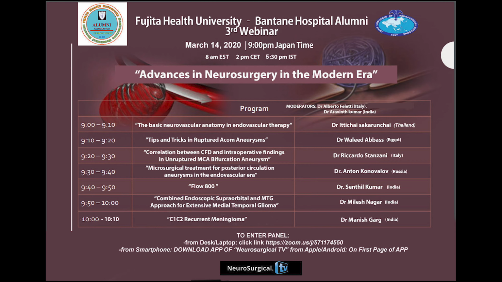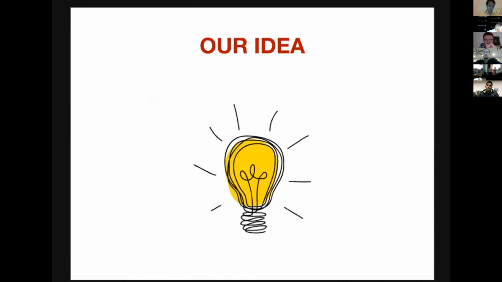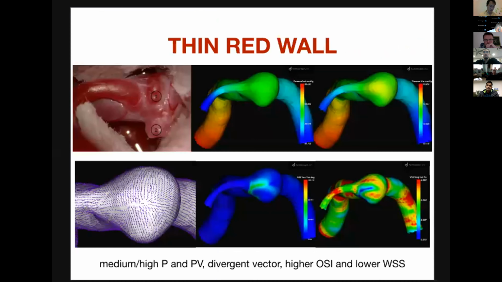endovascular treatment. We all know that intraoperatively we can find three kinds of walls: thin red wall, like this one, a normal wall, and a thick atherosclerotic wall. So what do we think? We think that a thin red wall is related with medium-high pressure and pressure variation, a diversification of vector, a higher OS index, and a lower WSS.